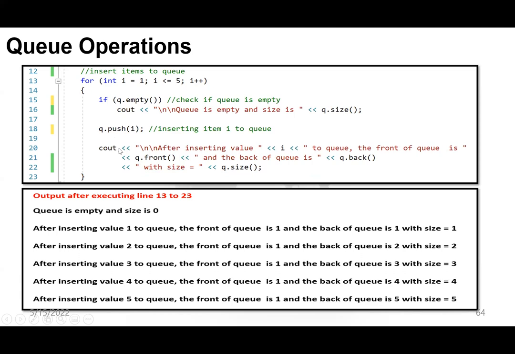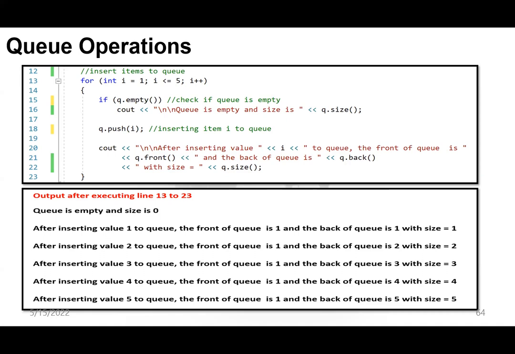After I insert this value i to the queue, we look at what is in the front of the queue and the back of the queue. For a stack just now, you can see that you have this function called top. When you call it, it returns the top item in your stack, which is actually the last item that you inserted.